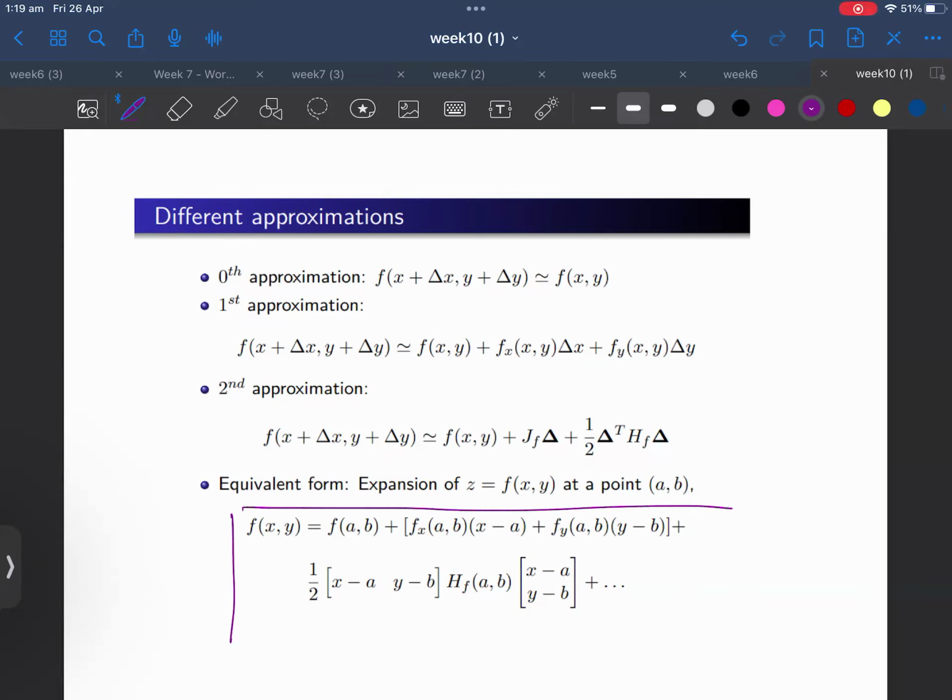So this is the expansion of f of x, y at the point a, b. So f of x, y equal to f of a, b plus f_x of a, b times x minus a, plus f_y of a, b times y minus b, and 1 over 2 times x minus a and y minus b, the Hessian matrix Hf(a, b), times x minus a, y minus b, plus dot dot dot.